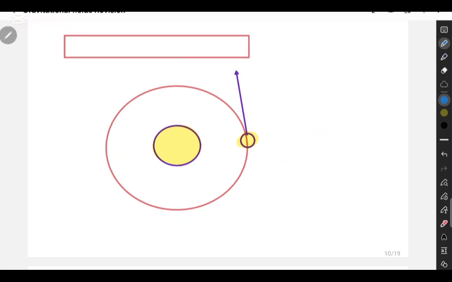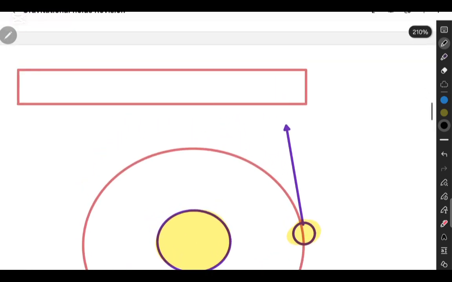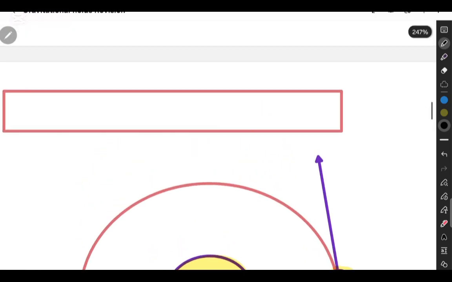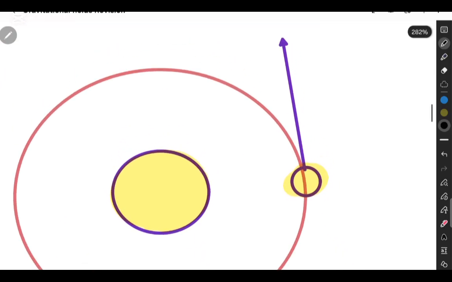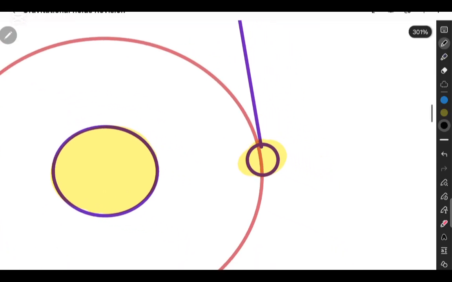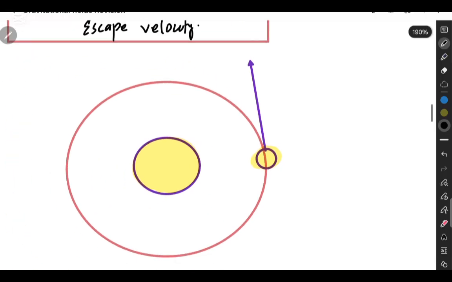Okay, now I have the same slide, so we're going to be going over the same concept again, but we're going to be talking about the escape velocity, okay? Very important point. Remember, the gravitational potential energy and the kinetic energy are two types of energies that we have.